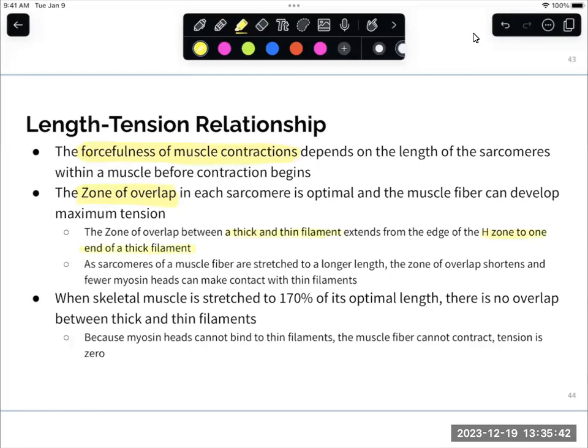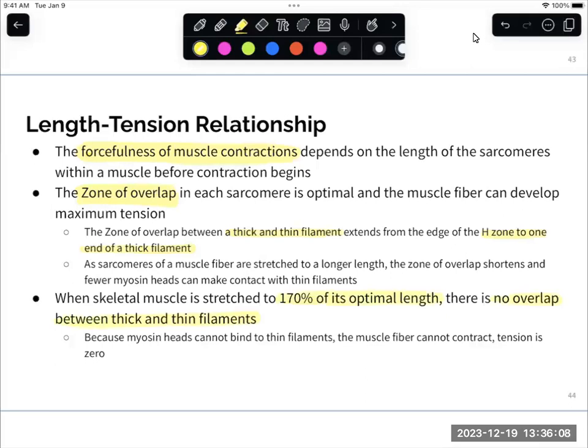So as a sarcomere of a fiber gets stretched, that zone of overlap is going to shorten. A skeletal muscle, when it is stretched to 170% of its optimal length, that is when there is no overlap between that thick and thin filament at all.